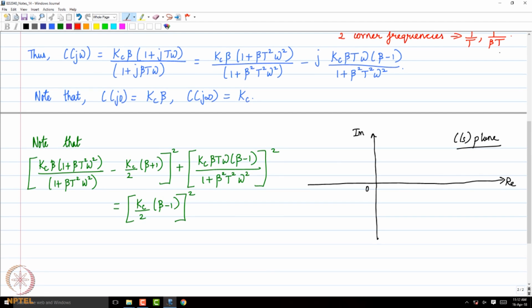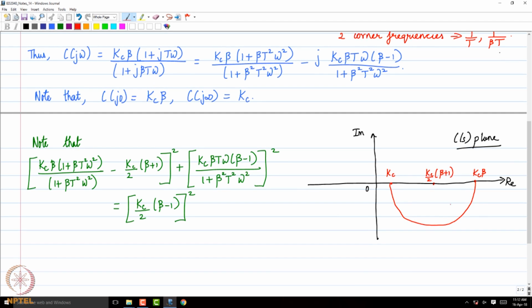If you want to draw the Nyquist plot, the center is going to be at Kc by 2 times (beta plus 1). So this is going to be Kc beta. Please note that beta is greater than 1. And this is going to be Kc. So the Nyquist plot is going to go something like this.